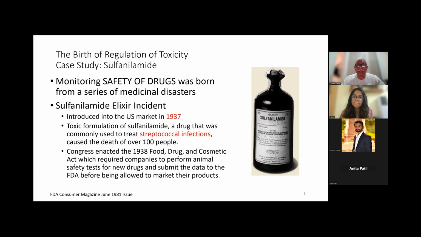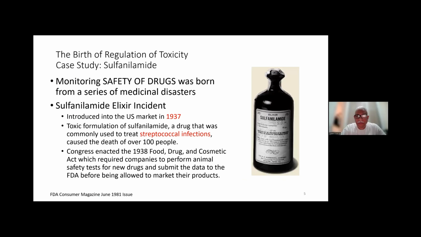So historically, in the US FDA, the toxicology regulations started somewhere in the 1930s because of the potential use of this drug called sulfonamide. Sulfonamide was used for treatment of bacterial infections.